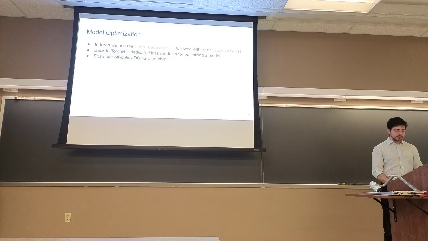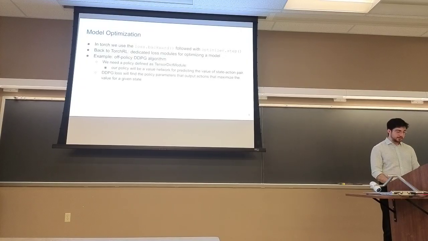Let me give you an example of the off-policy DDPG algorithm. So we need a policy defined as the TensorDict module. We already covered this. Our policy will be a value network for predicting the value of a state-action pair. The DDPG loss will find the policy parameters that output actions that maximize the value for a given state. So we are just going to try to find the return, or the reward plus the discounted future rewards.